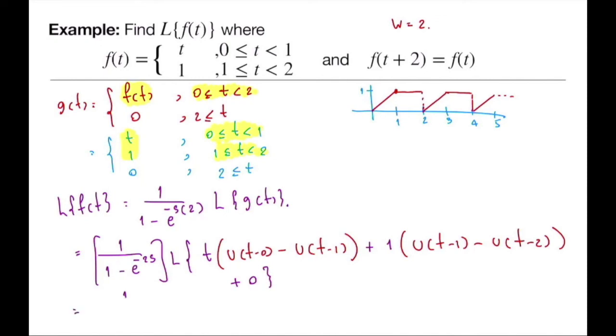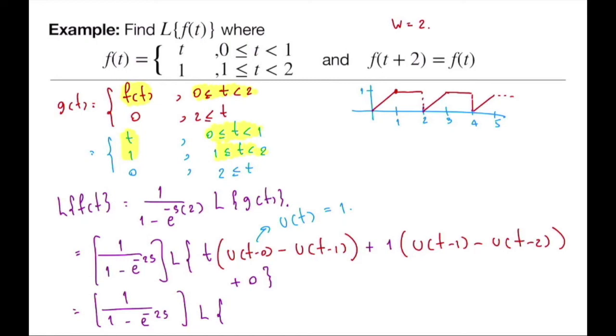So we have 1 over 1 minus e to the minus 2s times L of, as I told you before, u(t) is always 1.